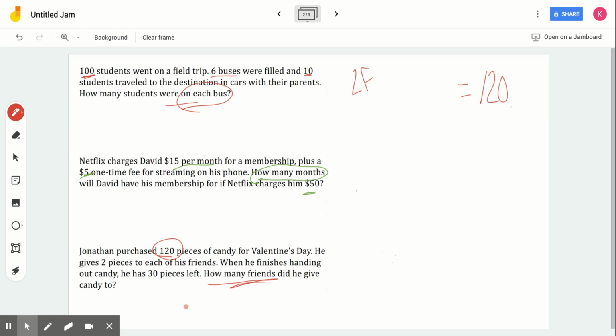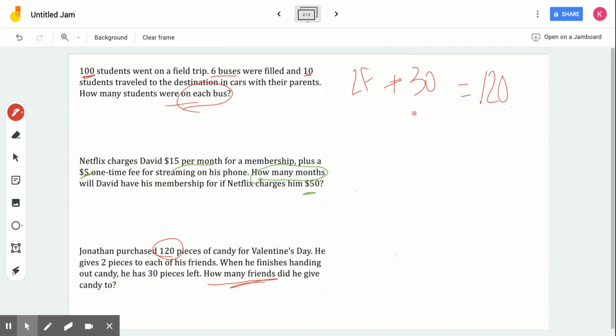So what this is saying is 2 pieces per friend and his 30 pieces that he has left is going to equal his total. So we need to add this 30 pieces to the amount that he's giving away, because the amount that he's giving away plus how much he has left is going to equal our total.